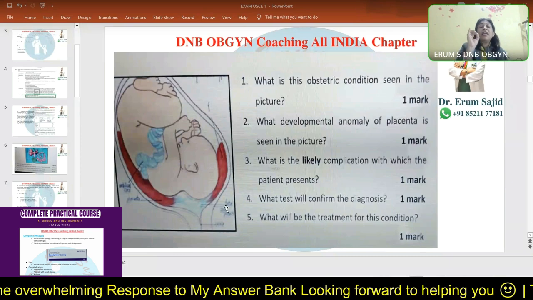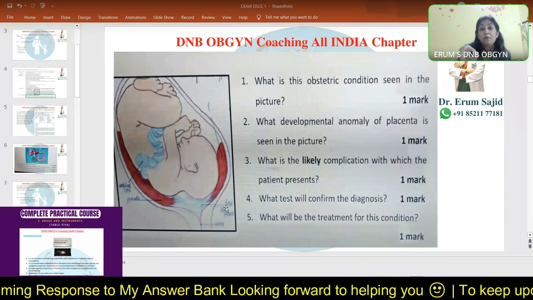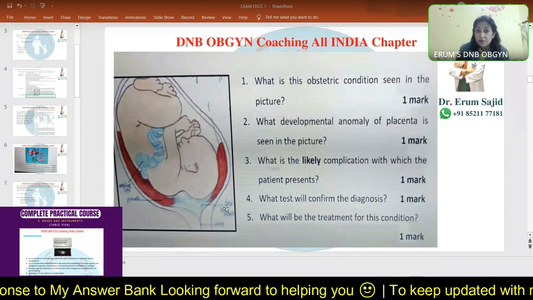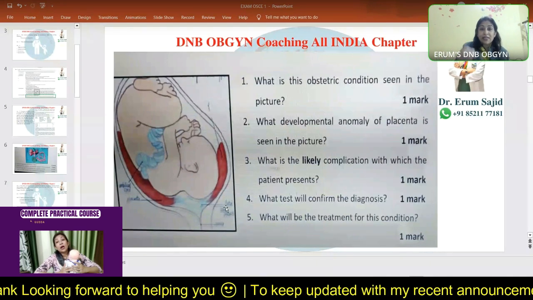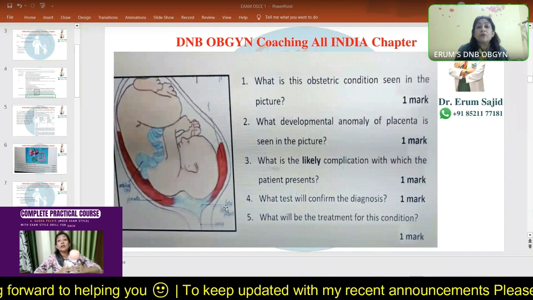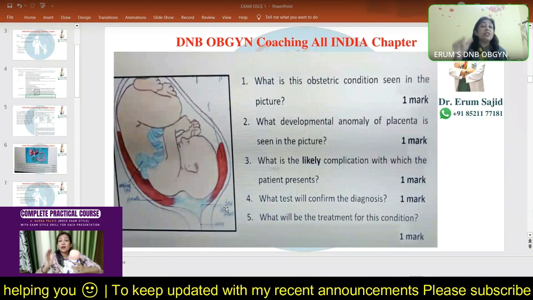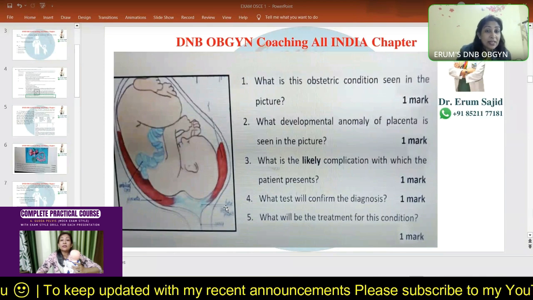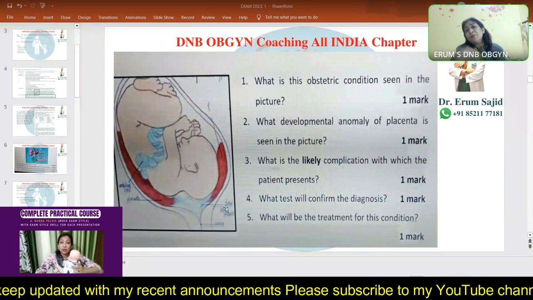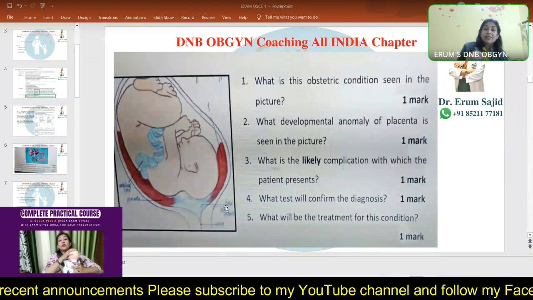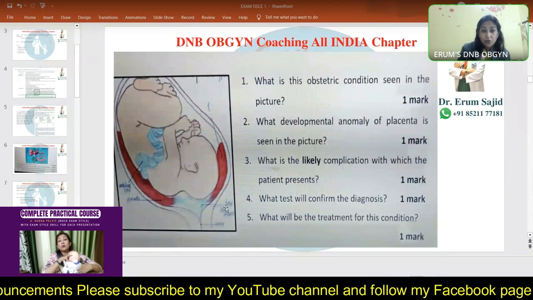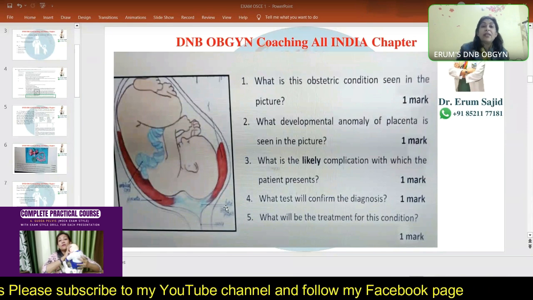Even 80 ml to 100 ml of blood loss in a vasa previa condition is catastrophic for the baby. The fetal heart will suddenly dip down and you'll have to rush for an emergency cesarean section. If the baby keeps bleeding like that, by the time you take the baby out it might not survive, because at a very early stage the fetal blood volume is itself very small.